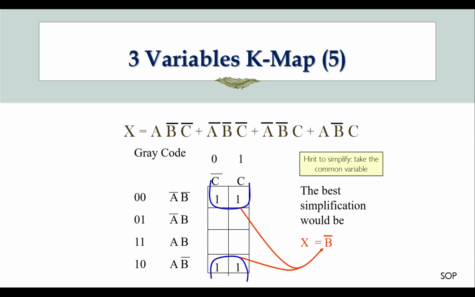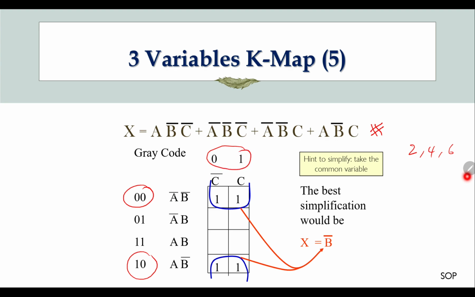Okay, this is another way for simplification. From this standard SOP, you can group in 2s, 4s, 6s, for example. If you group like this, you compare between this one and this one, and this one and this one.